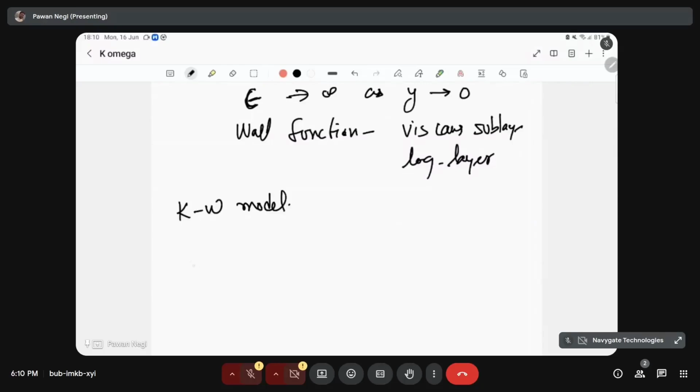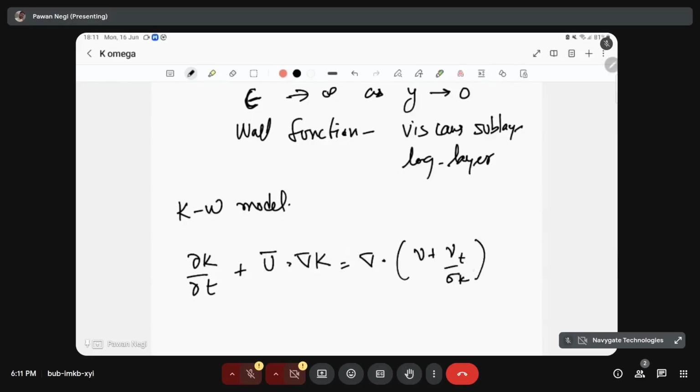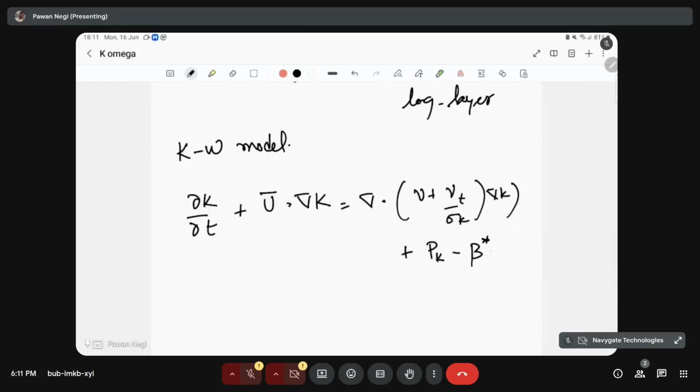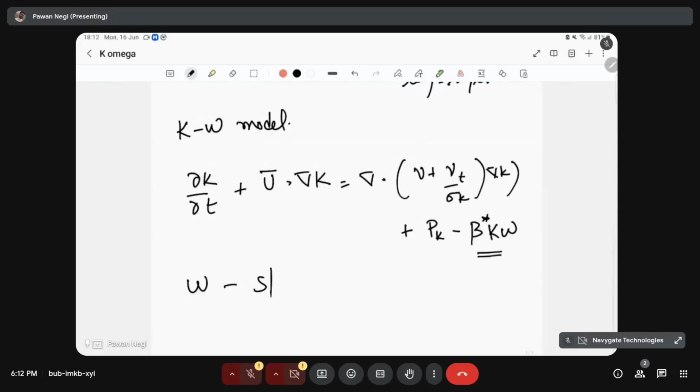In addition to this transport of turbulent kinetic energy, which is this, instead of the epsilon term, the dissipation, we have the omega. So what is omega? Omega is the specific dissipation rate.